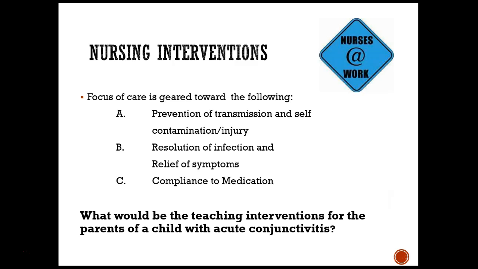For the viral type, they might get antiviral drugs, but only if the causative agent is herpes simplex virus. For the other viral types of conjunctivitis, so let's say somebody has just had an upper respiratory infection that was a viral infection, and now they have conjunctivitis related to that URI, those people are not going to get any type of antiviral drugs.